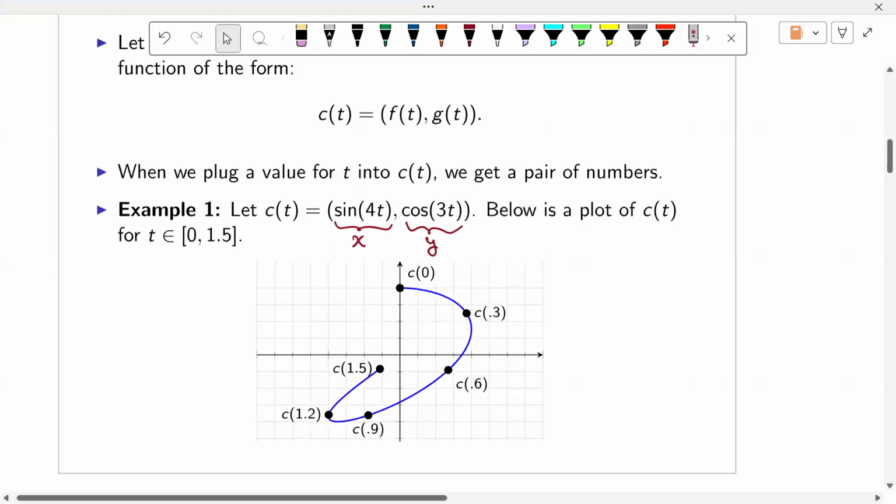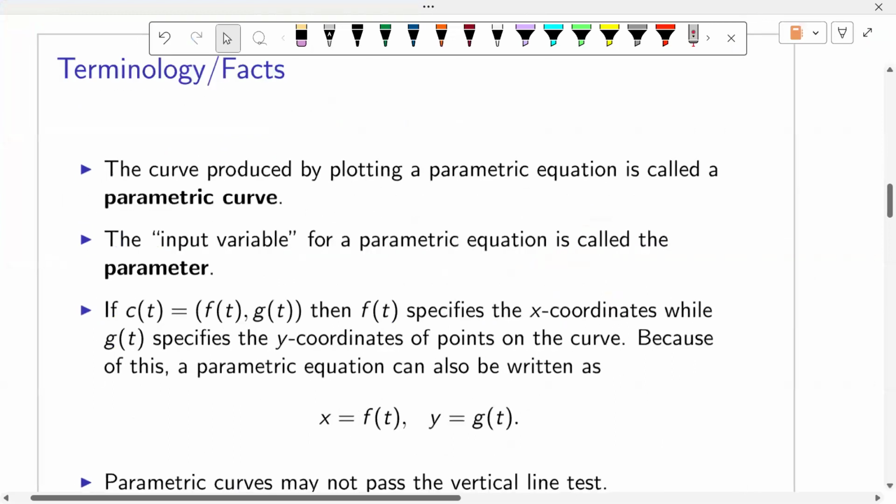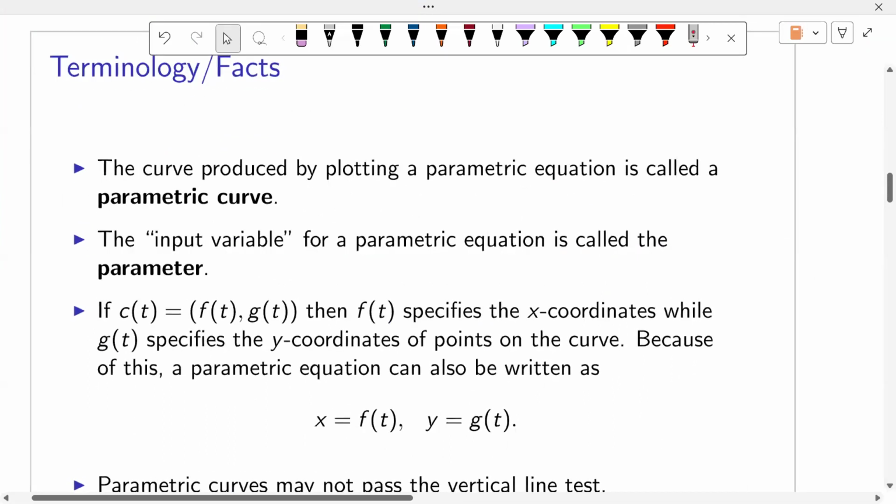All right, let's go over some terminology here. The curve produced by plotting a parametric equation is called a parametric curve. We usually just call them curves though, but parametric's fine as well. The input variable for a parametric equation is called a parameter.